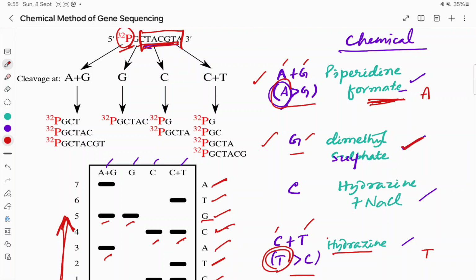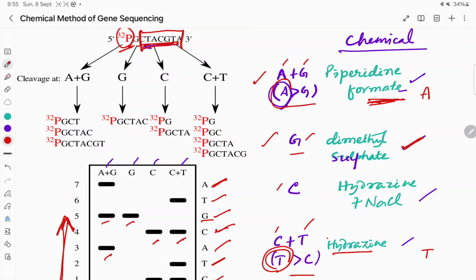When we use piperidine formate, there will be a break at both adenine and guanine bases, and when we use dimethyl sulfate, there will be a break at guanine. If we use hydrazine and sodium chloride, then it will break at cytosine, and when we use only hydrazine, then it will break at both C plus T, both at C as well as T.